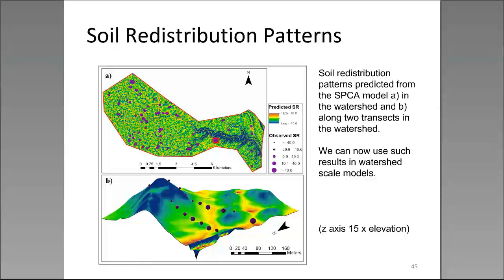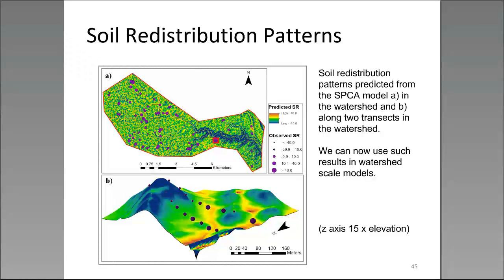Okay, so then we can take those results and we can actually create maps of soil carbon and soil redistribution at the watershed scale. And then our goal eventually is to use these maps in watershed models to estimate the impacts of soil redistribution on carbon dynamics at the watershed scale.